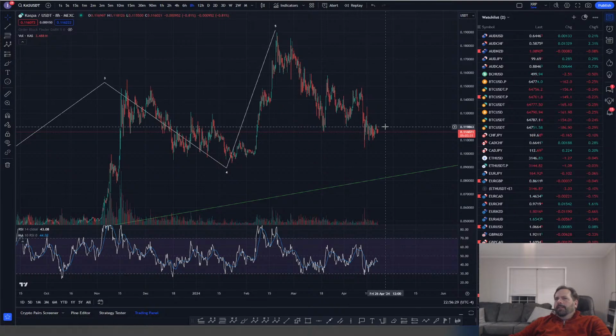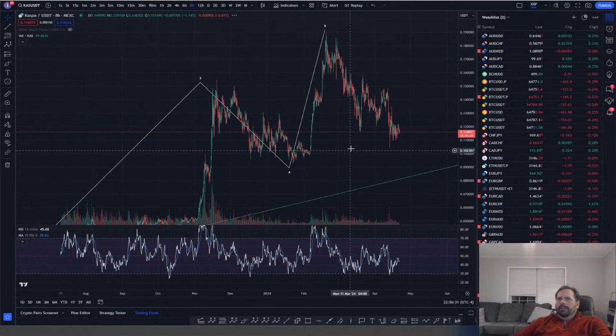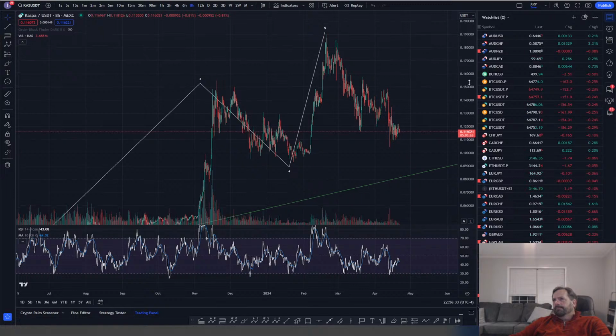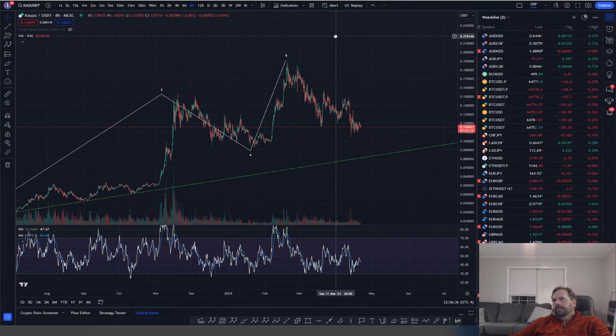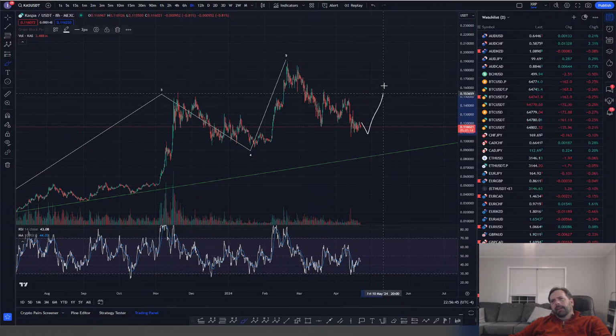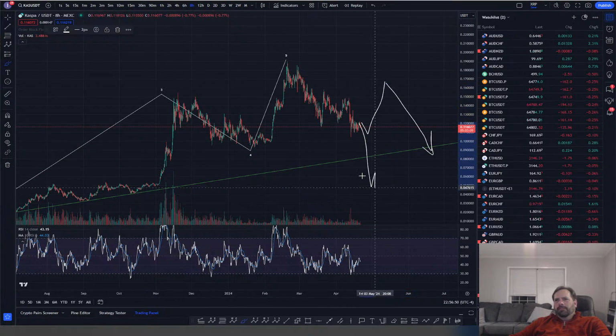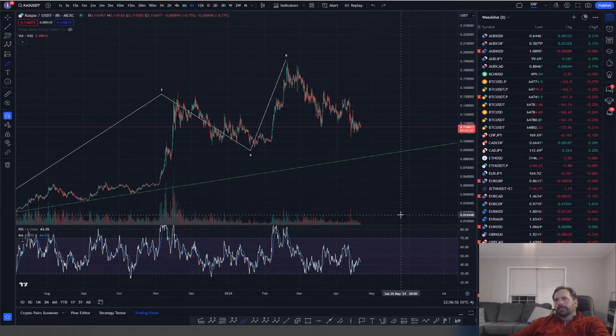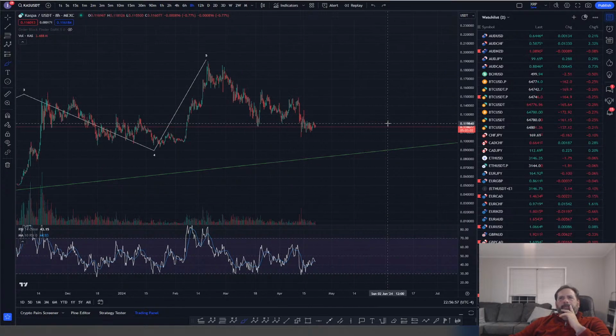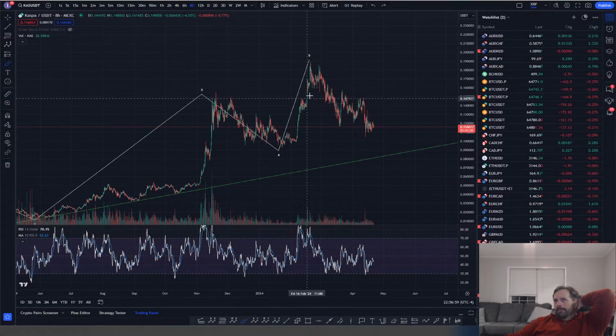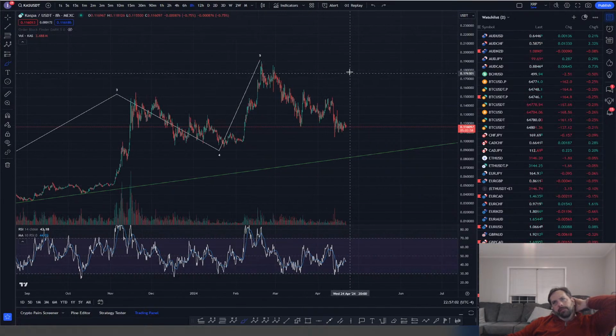I don't know how to count it. Looking at previous fractals, I think eventually this is going to break to the upside here before it finishes down. I don't think it's just going to go straight down. Could it? I mean, imagine it could. Man, I'm having a hard time with this wave structure. I'm going to be honest with you. I'm sorry.